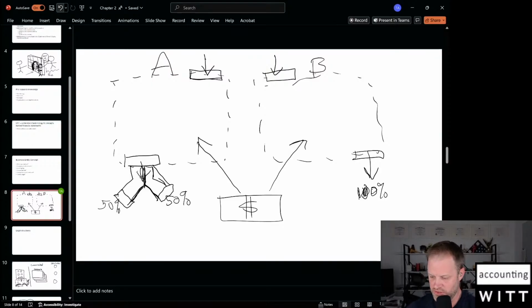Well, what if I change the story to say, if I put the money in A, inside of it, it's going to grow by 3 times. Would I rather have 100% of something that doesn't grow, or 50% of something that tripled? Well, in this case, I'm going to get 1.5 back. In this case, I'd get 1. So now I'm down to choose A.